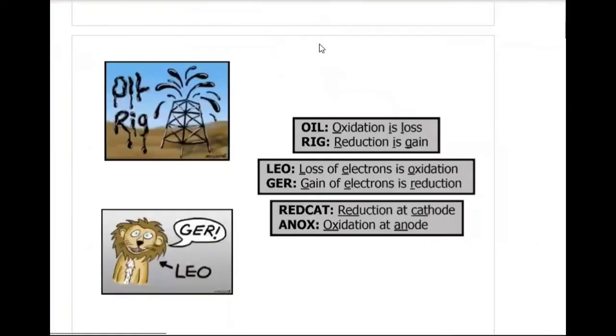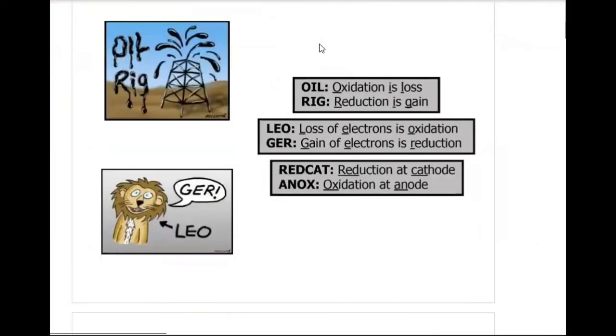So you will have these in your notes, and it says OIL RIG, which is quite a nice way to remember it actually. OIL: oxidation is loss, and RIG: reduction is gain. And you might ask yourself why I'm going so slowly through the basics of this section.